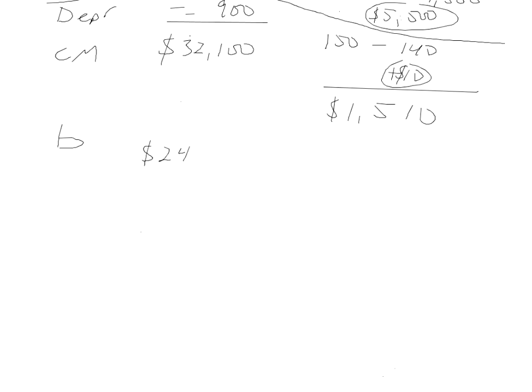Miss Nilly is being paid $24,000 by the consultant to make the special order, and that's giving her a $1,510 profit. So the minimum price that she should accept to take the offer would be $24,000 minus $1,510.